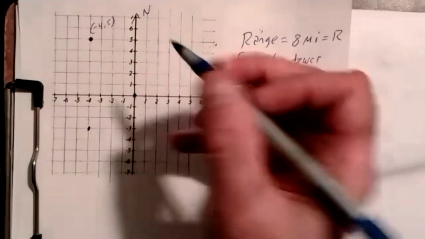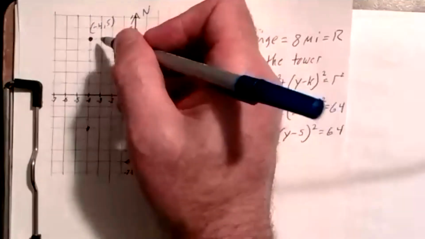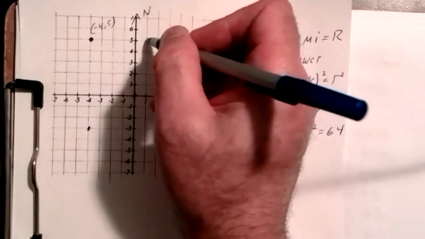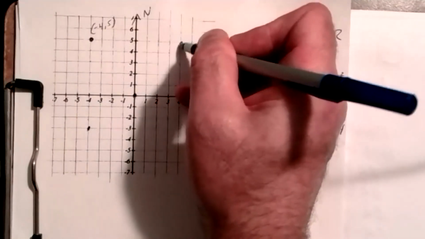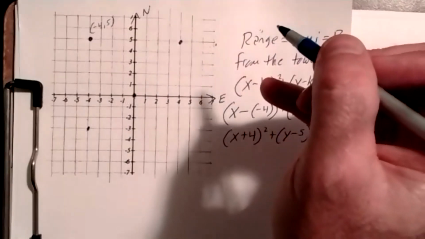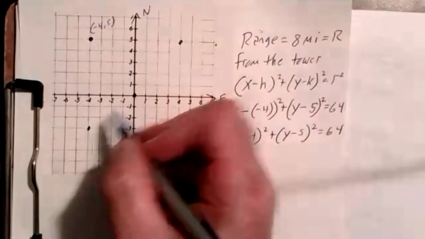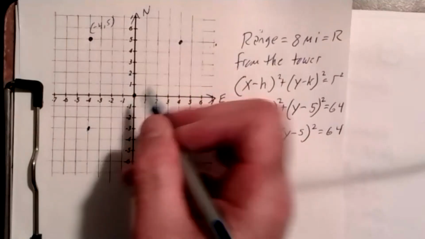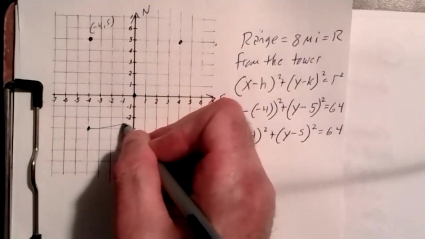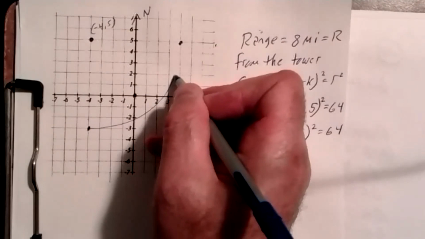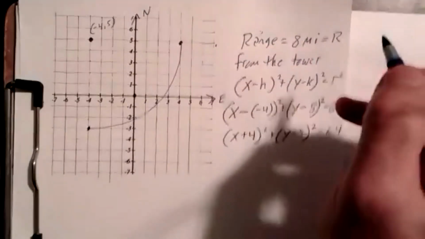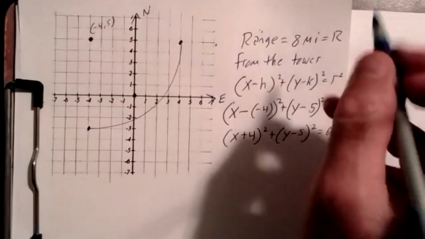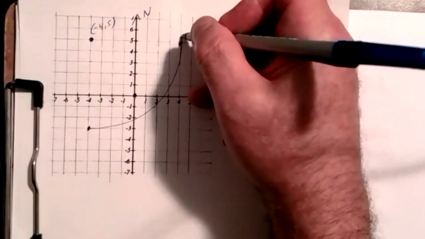The circle would contain this point. 8 to the right, 1, 2, 3, 4, 5, 6, 7, 8. It would contain that point, etc. So I've got to try to draw this now, wish me luck. Boy, that's not bad for freehanding it. Look at that. That's one of the best circles I've ever drawn.